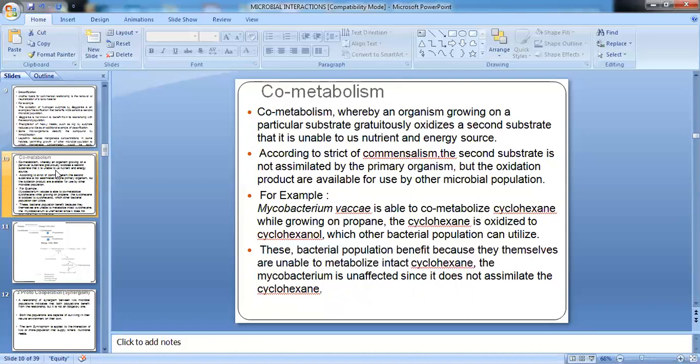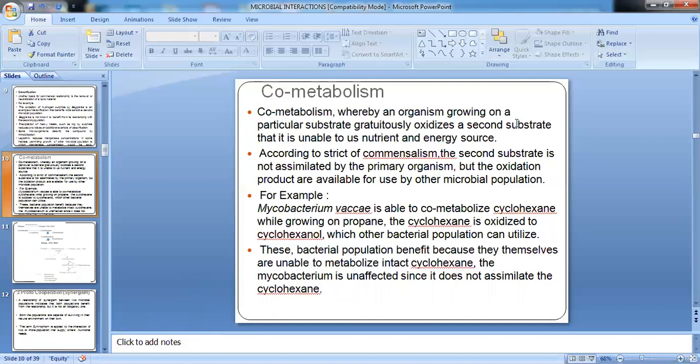When it metabolizes one substrate for its growth, it will also oxidize a second substrate. The second substrate is not used for its growth and metabolic utilization. But when the second substrate is oxidized, it will be converted to a compound which can be utilized by another group of organisms.